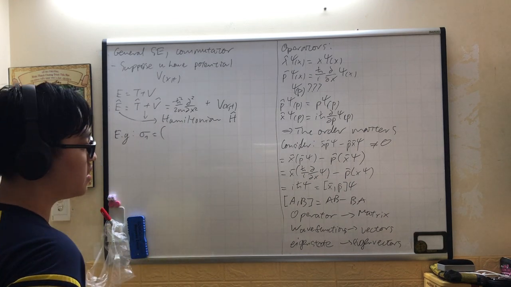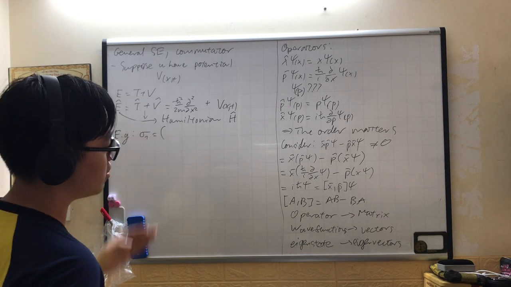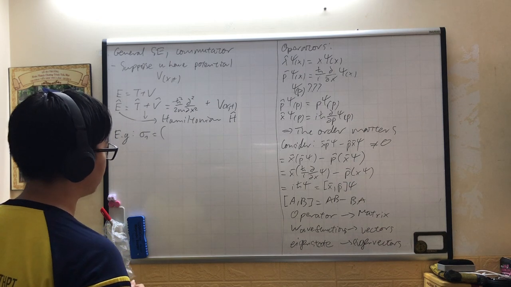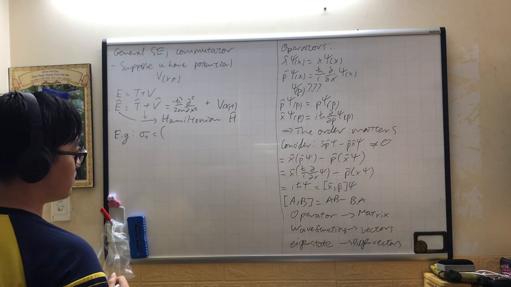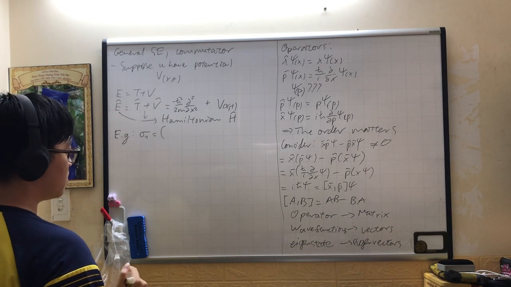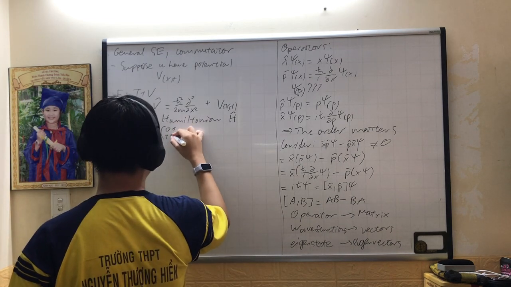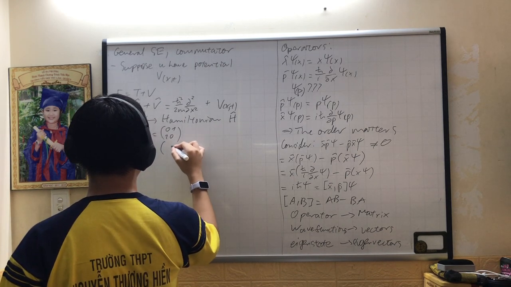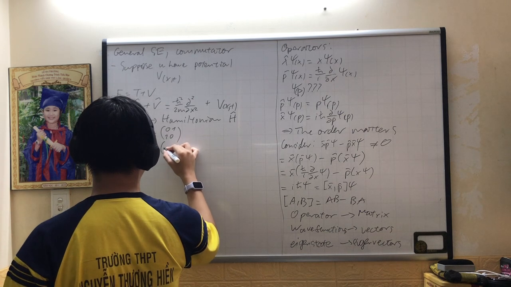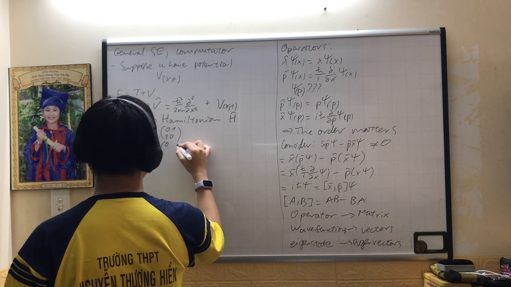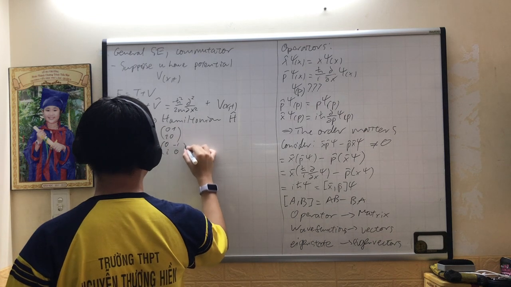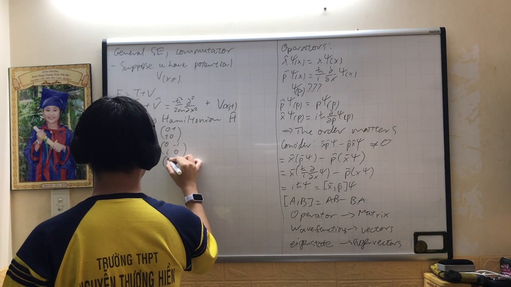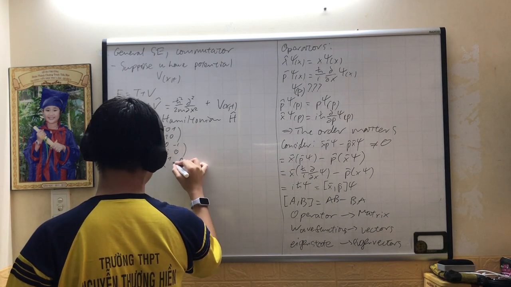There's a very easy way to remember these. So sigma 1 would be 0, 1, 1, 0. Sigma 2 would be the y one, so you know this one is imaginary: 0, minus i, i, 0. And sigma 3 is 1, 0, 0, minus 1.